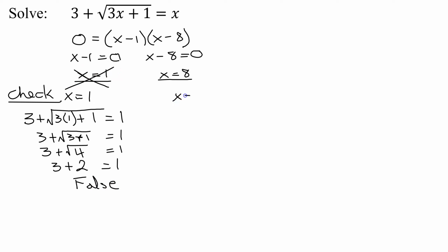Now we need to check x equals 8. So that means I plug 8 here and here in my original equation. I get 3 plus the square root of 3 times x, which is 8, plus 1, should equal x, which is 8. So 3 plus the square root of 3 times 8 is 24, plus 1.